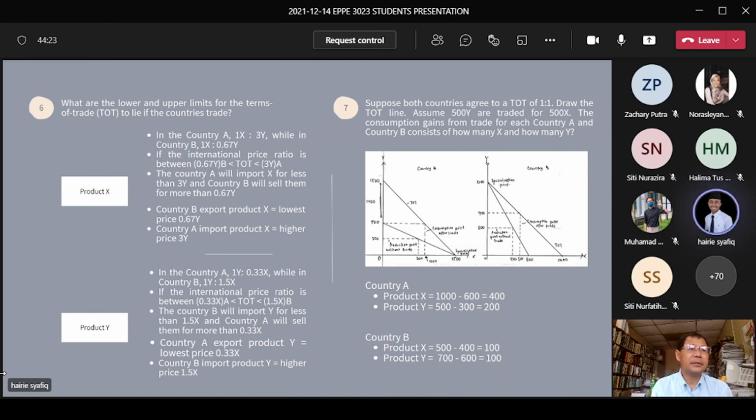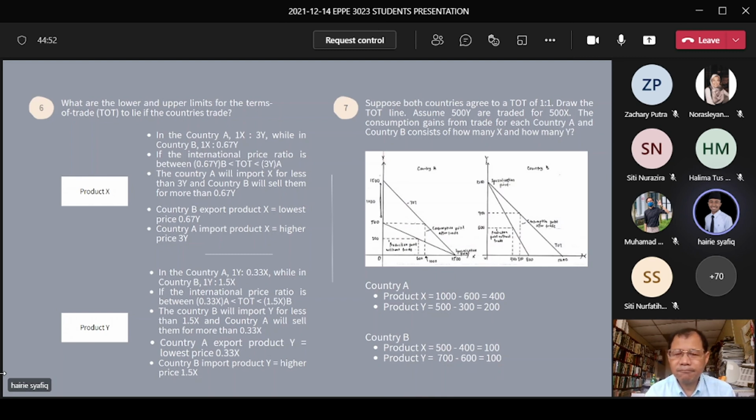The next question is the consumption gains from trade for country A and country B, consisting of how many of X and how many of Y, and for country A you have to show the trade triangle. So I will continue with how many of X and how many of Y for both countries.